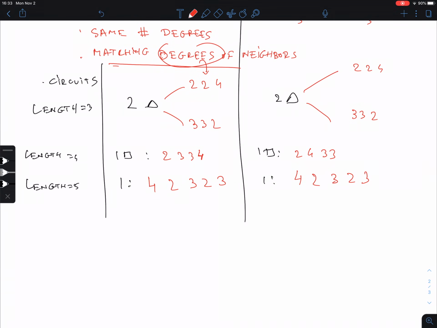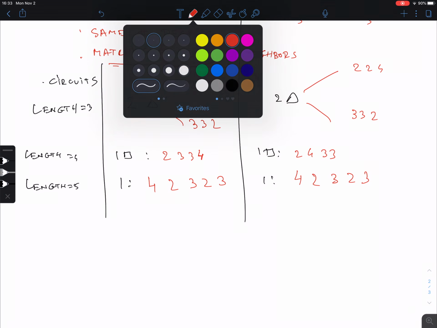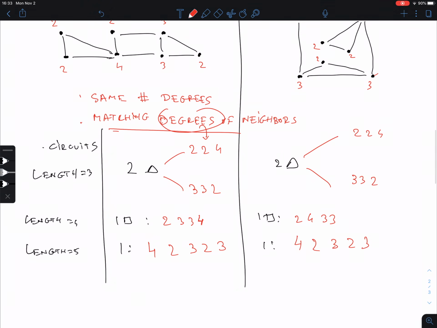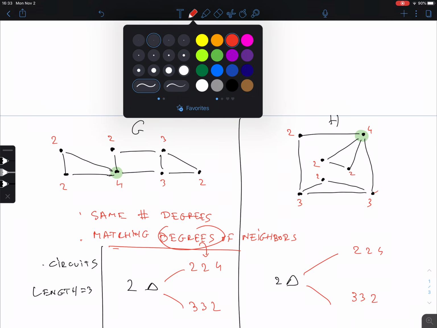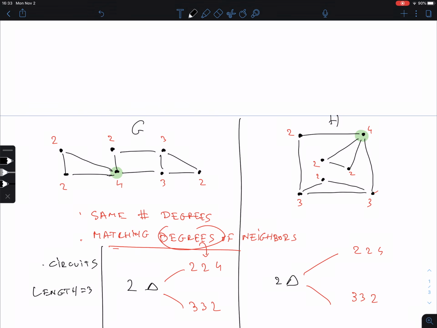Okay, so if this is the case, I'm going to try to guess my isomorphism, and we do this again using colors. So first of all, I know that degree 4 has to go to degree 4. But since I'm going to design an isomorphism, at some point I'm going to have to give names.